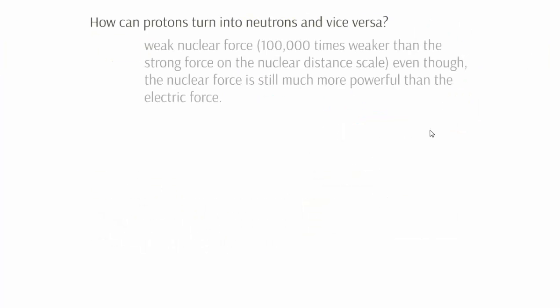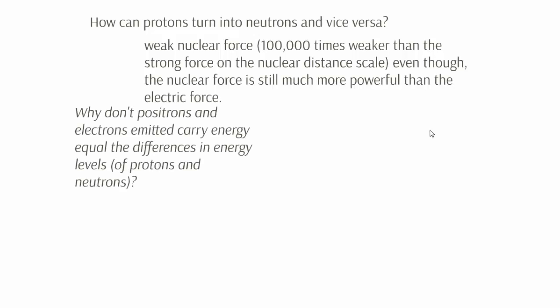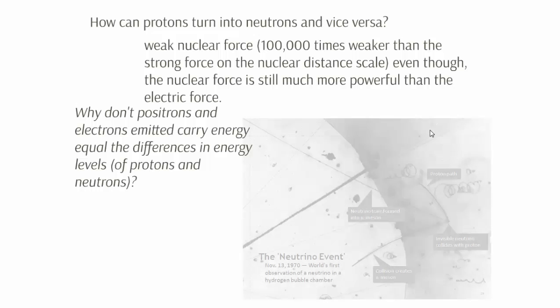How can protons turn into neutrons? Well, the nuclear force is 100,000 times weaker than the strong force on the nuclear distance scale. So even though the nuclear force is still much more powerful than the electric, why don't positrons and electrons carry energy equal to the differences?